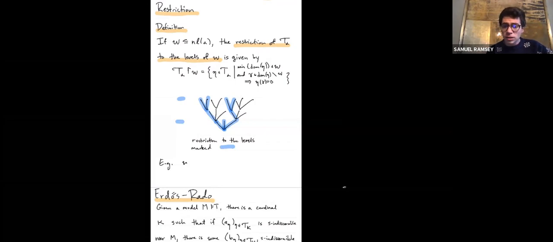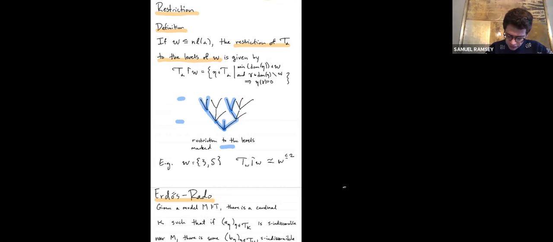Well, this should be isomorphic to omega to the less than or equal to 2, well, okay, I think omega to the less than or equal to 2 minus the empty node.